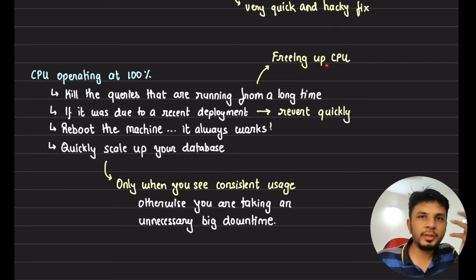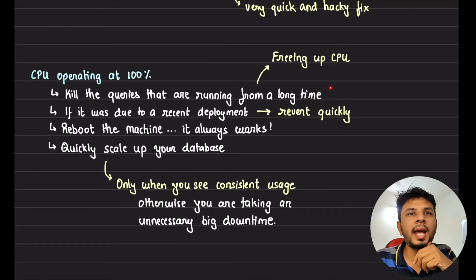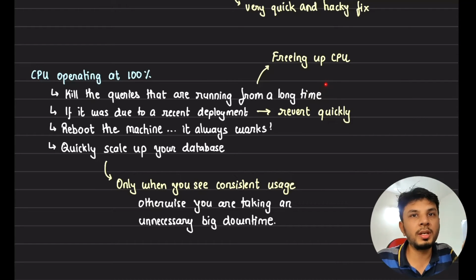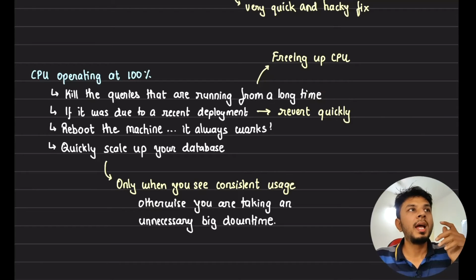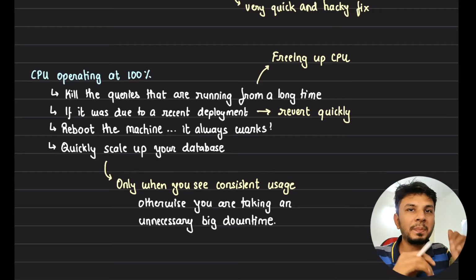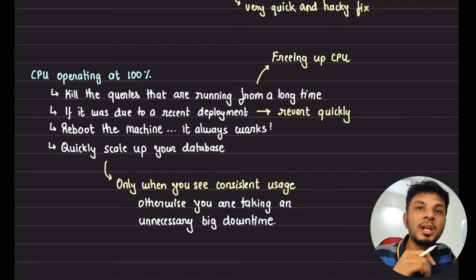A few fixes for that: first of all, kill the queries that are running for a long time. Same solution as for connections maxed out. When you kill a query that is running for a very long time, what would happen? Query execution typically requires a lot of CPU cycles. Obviously disk IO is there, but you will require a lot of CPU cycles.